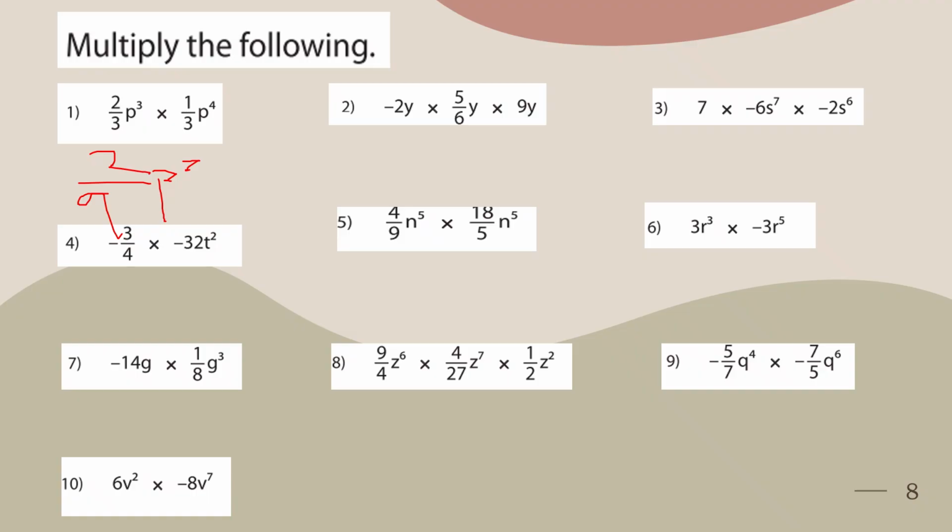Then we have here negative 2 times 9 is negative 18. So we have negative 18 y squared.